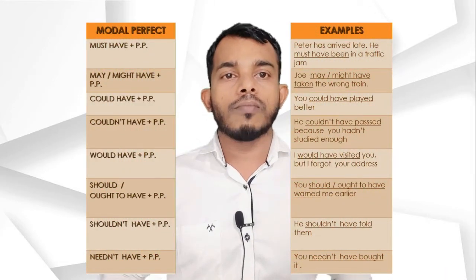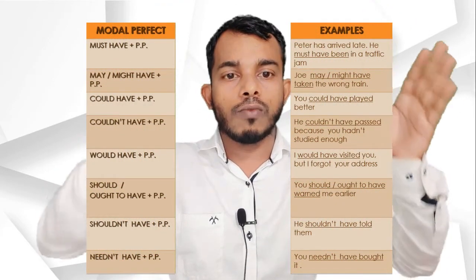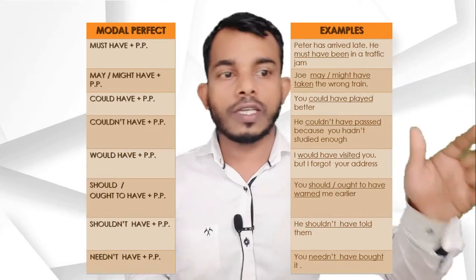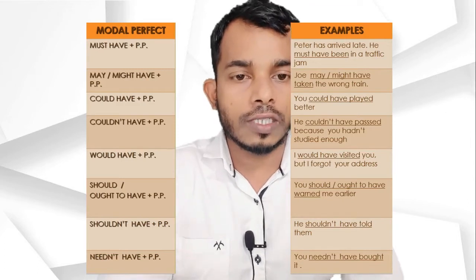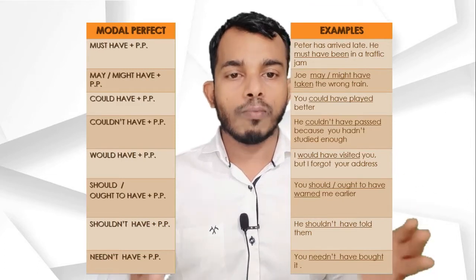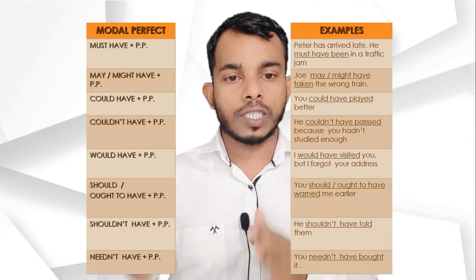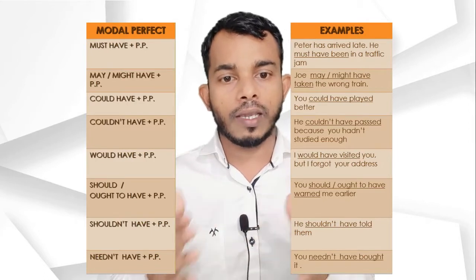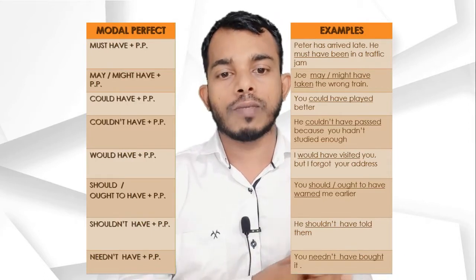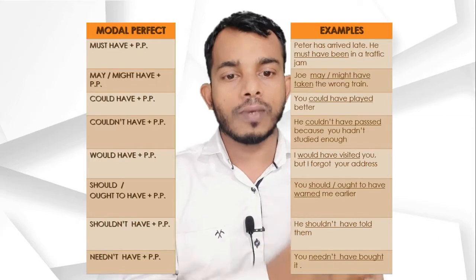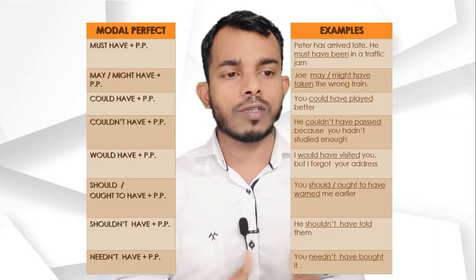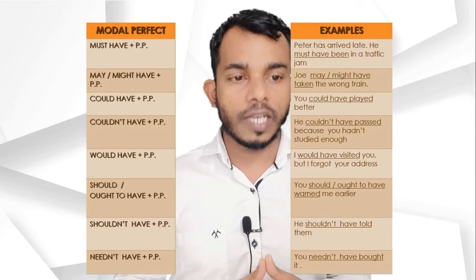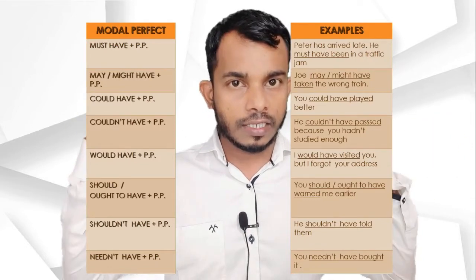Now you can see the modal perfect in examples. One usage is like this: must have plus past participle form, may or might have plus past participle form, should have plus past participle form, couldn't have plus past participle. Examples: Peter has arrived late.